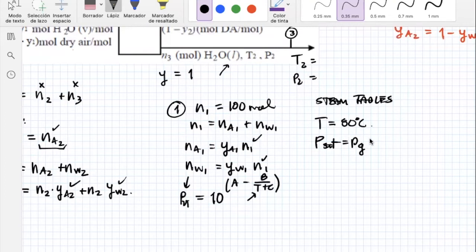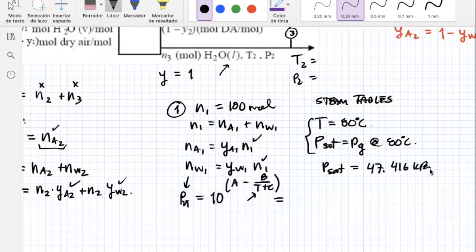So this saturated pressure at 80 degrees Celsius is gonna be the same, or it could be a little bit different, but it should be the same value that you have here. So in my case, using steam tables, I have that Psat at this 80 degrees Celsius is 47.416 kilopascals.